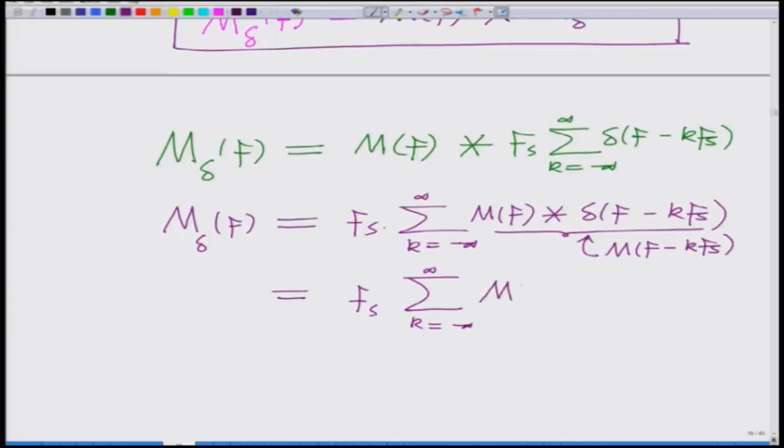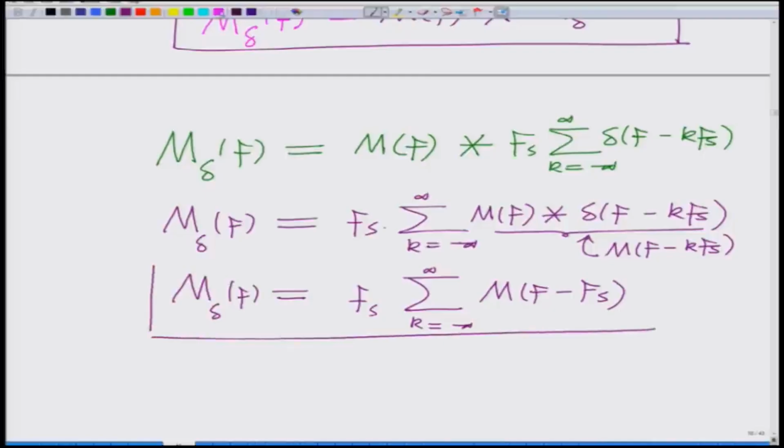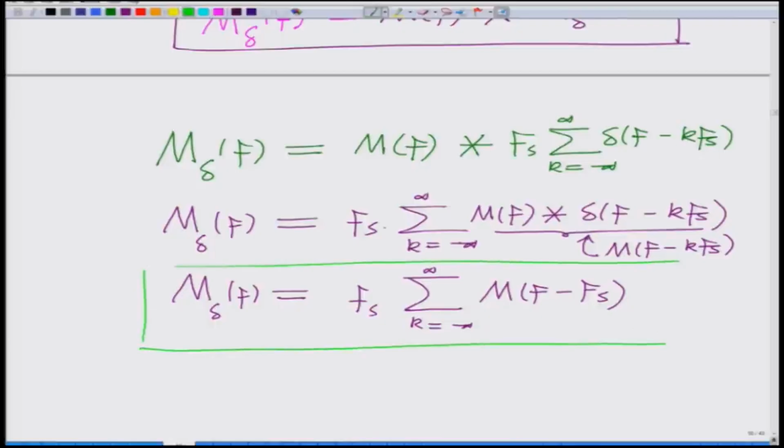So, that is your M delta f. M delta f is Fs summation k equal to minus infinity to infinity M(f) minus k Fs, M(f) minus k Fs.